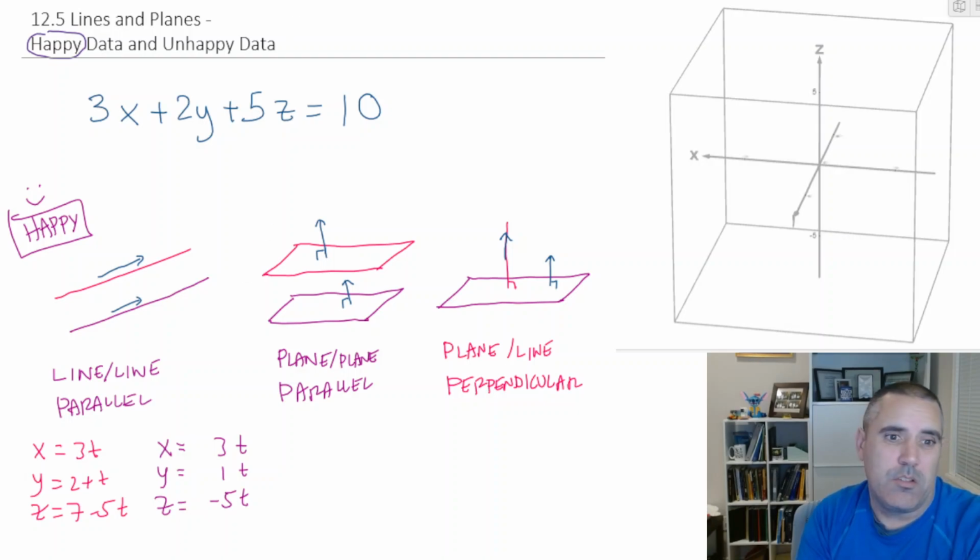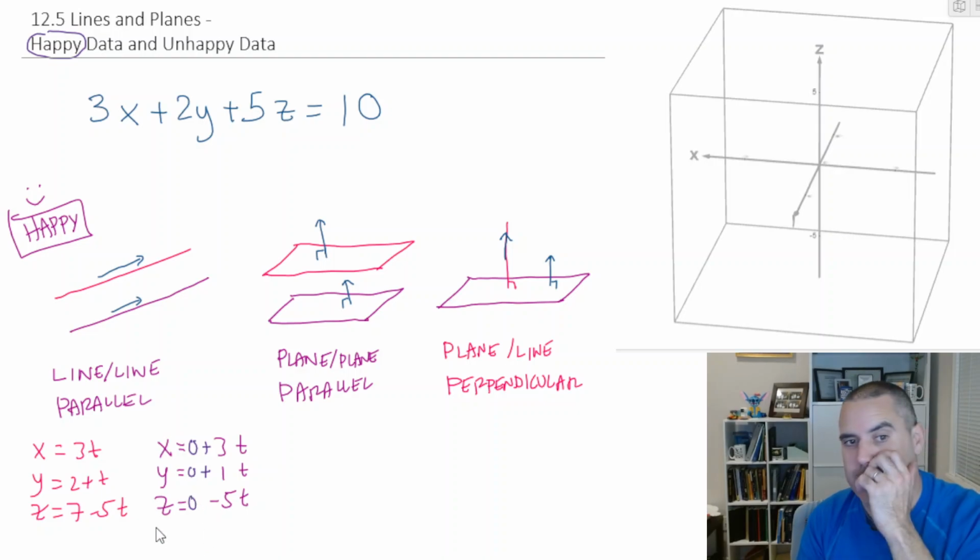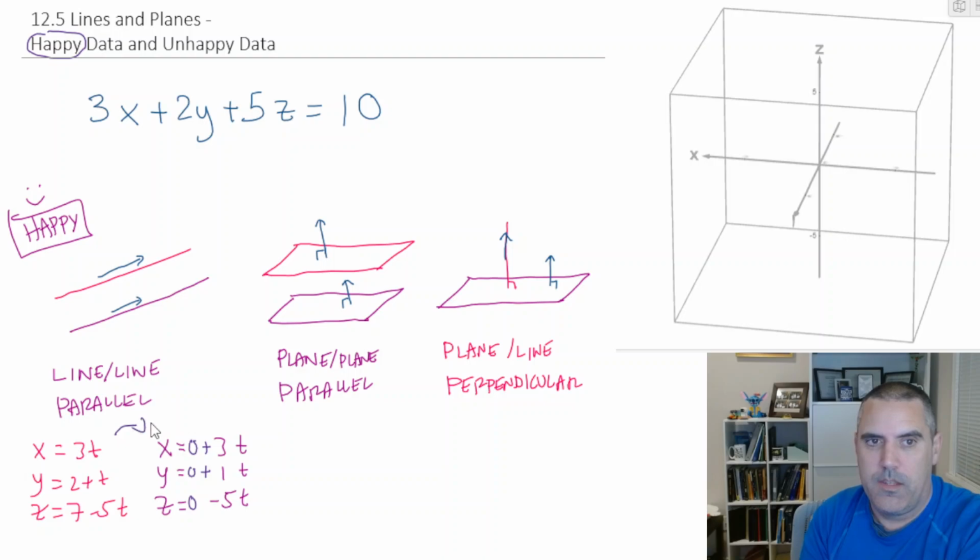And then they just have to give you the new point. And say, well, I'd like it to go through the origin instead. Okay, no problem. So I call that a happy situation because look at how fast it was. We got to use the exact same vector here and here. That's because the two lines were parallel. So we like those situations. We like to recognize situations because we are done.